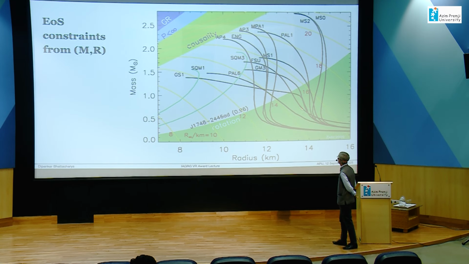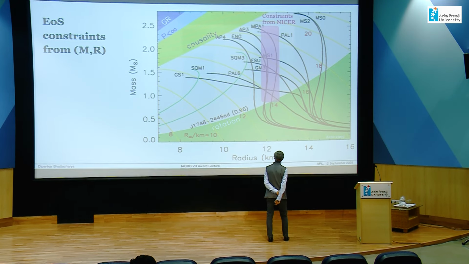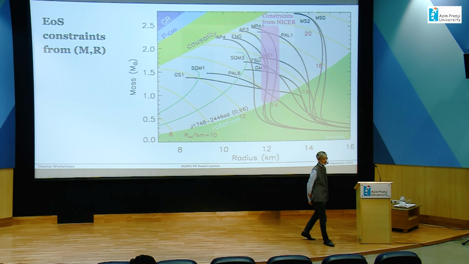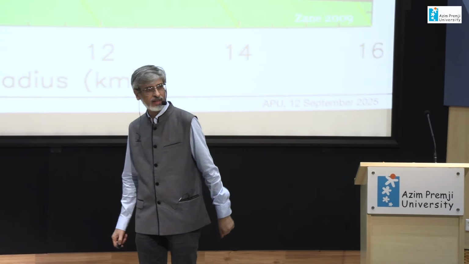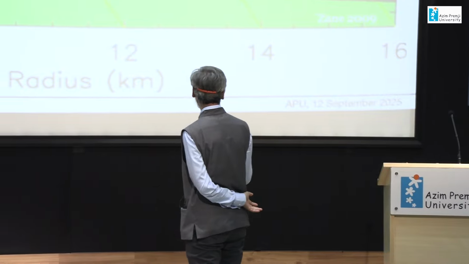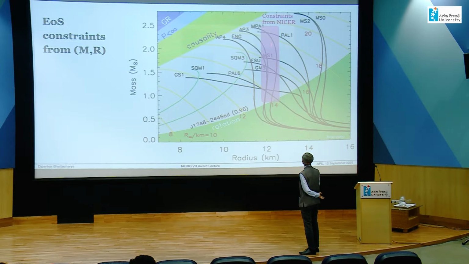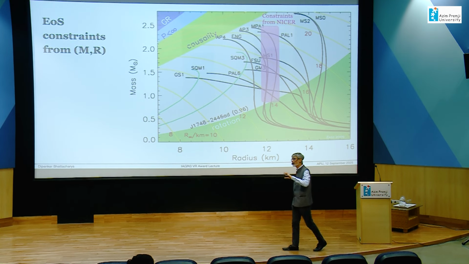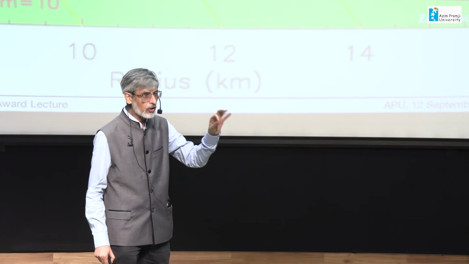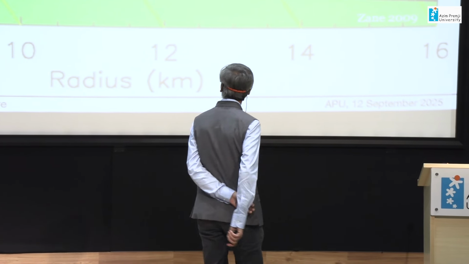So for different equations of state, you have these different predictions of mass radius relations, which are shown in black lines. Now, if you pick out a region from these measurements, which are coming from direct relativistic parameters, you see that some equations of state are allowed, some are not allowed, right? So this goes in the direction of getting further information on the strong interaction at short distances.